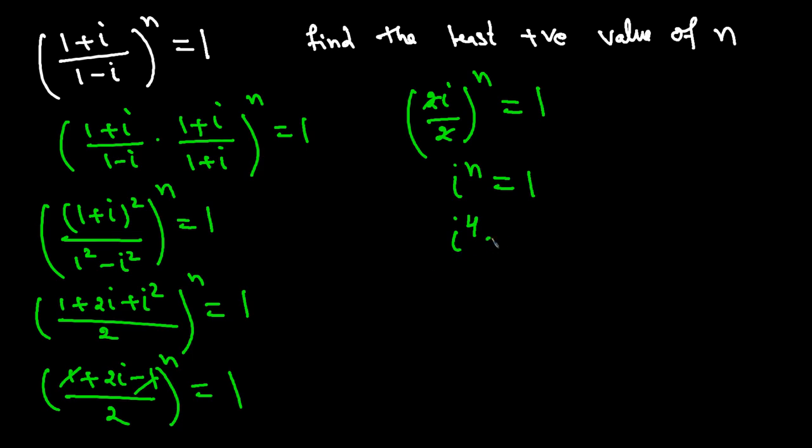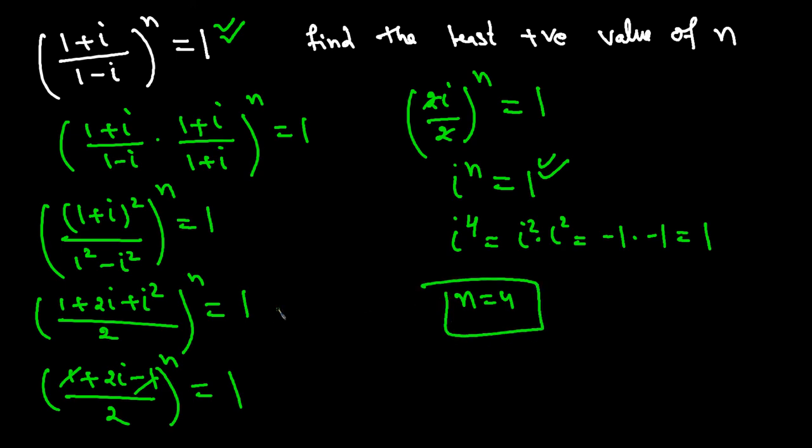So iota raised to power 4 is iota square into iota square, which is -1 times -1, which is equal to +1. That's what we need. And we need the positive value of this n, which is 4. So 4 is the least positive value of n that makes this equation right. Okay, so answer is n is equal to 4.